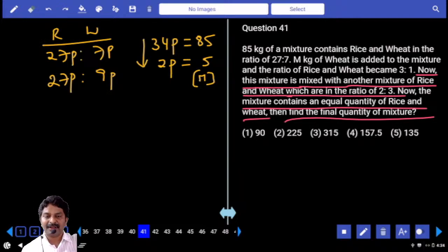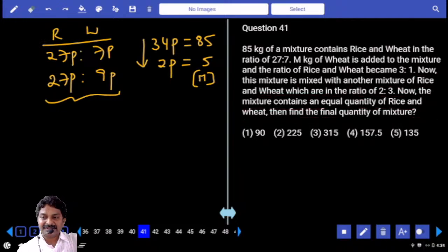Okay. So now, in the initial case, after adding M kgs, how much is the M value we got? 5. 5 kgs added to 85 kgs. That means total how much quantity we have? 90. In that, rice and wheat are in the ratio 27:9 only. That means 3:1 ratio.